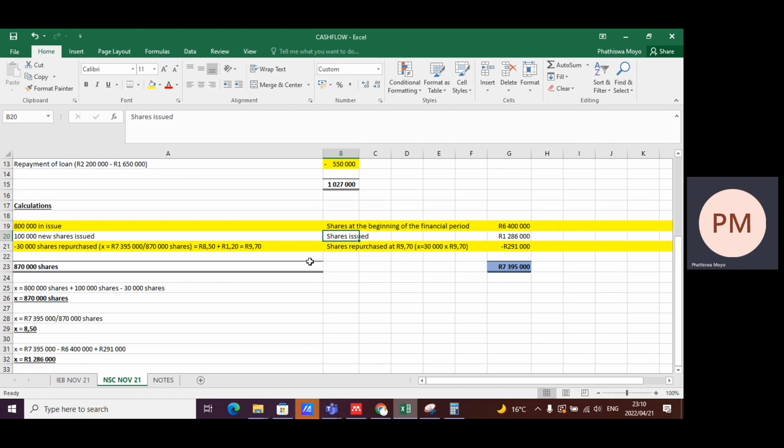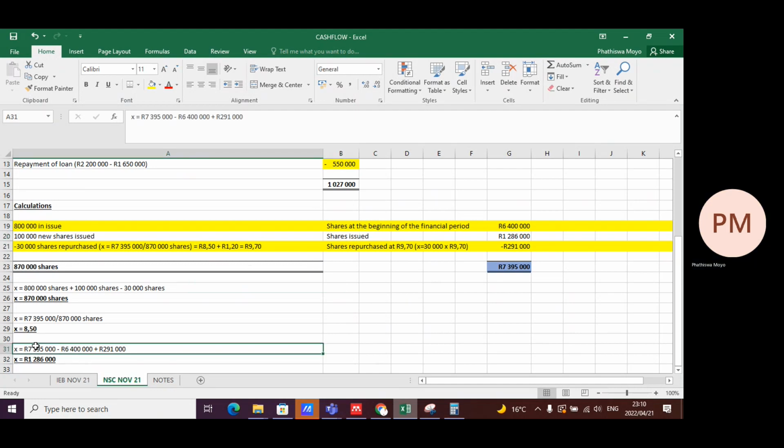If we're assuming that the shares were issued at the weighted average at the end of the financial year, what we need to fix here is the 291 minus, I hope you get me, 30,000 multiplied by 120, because that would be the sales price that they sold at.